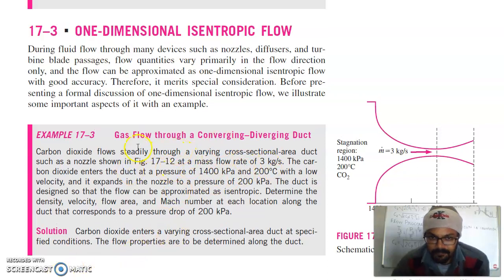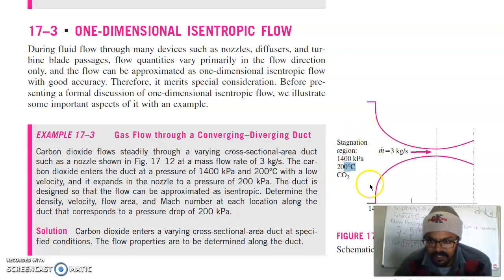You can see here, this is your nozzle. So gas flows through this nozzle, varying cross-sectional area, at a mass rate of 3 kg per second. The carbon dioxide enters the duct at a pressure of 1400 kPa and 200 degrees Celsius with a low velocity.